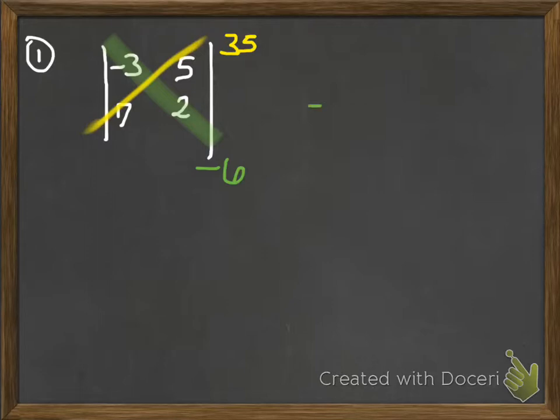So I do my downs minus my ups. And so negative 6 minus 35 gives me a total answer of negative 41. That's my answer.